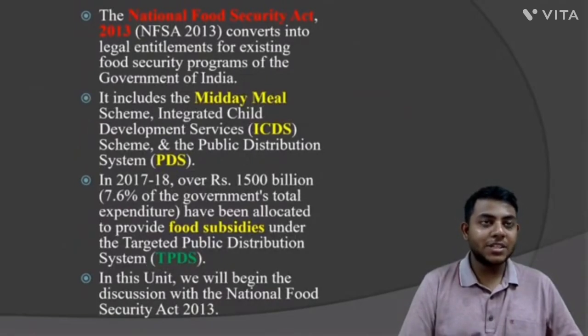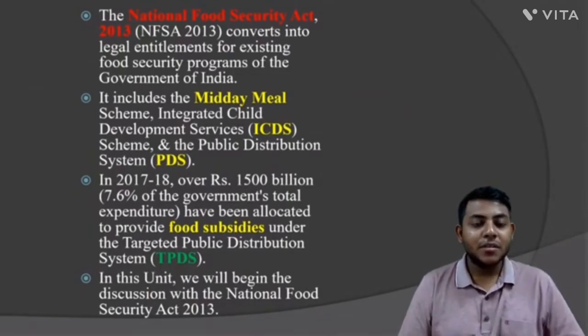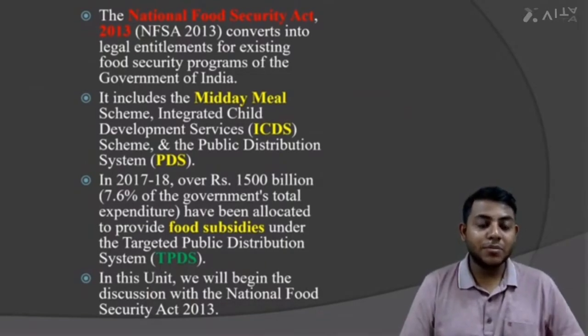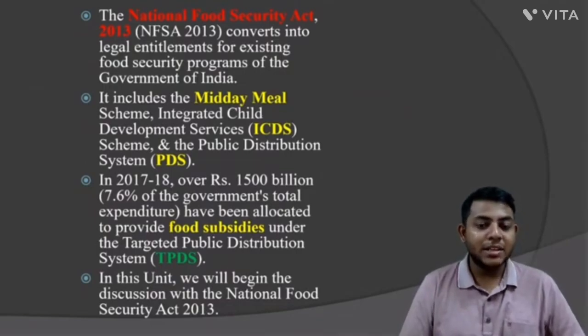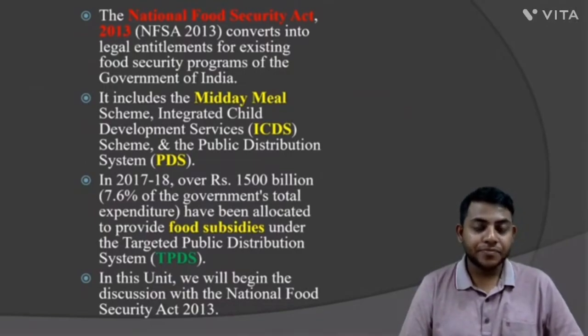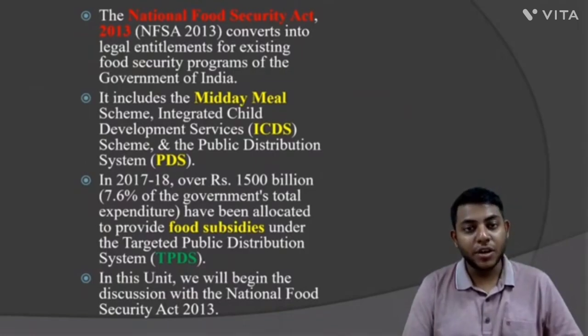So the National Food Security Act of 2013 converts into legal entitlements the existing food security programs of the Government of India, and it includes the midday meal scheme, the Integrated Child Development Services Scheme or ICDS, and the public distribution scheme. And it also includes issues of buffer stock and food security as well.